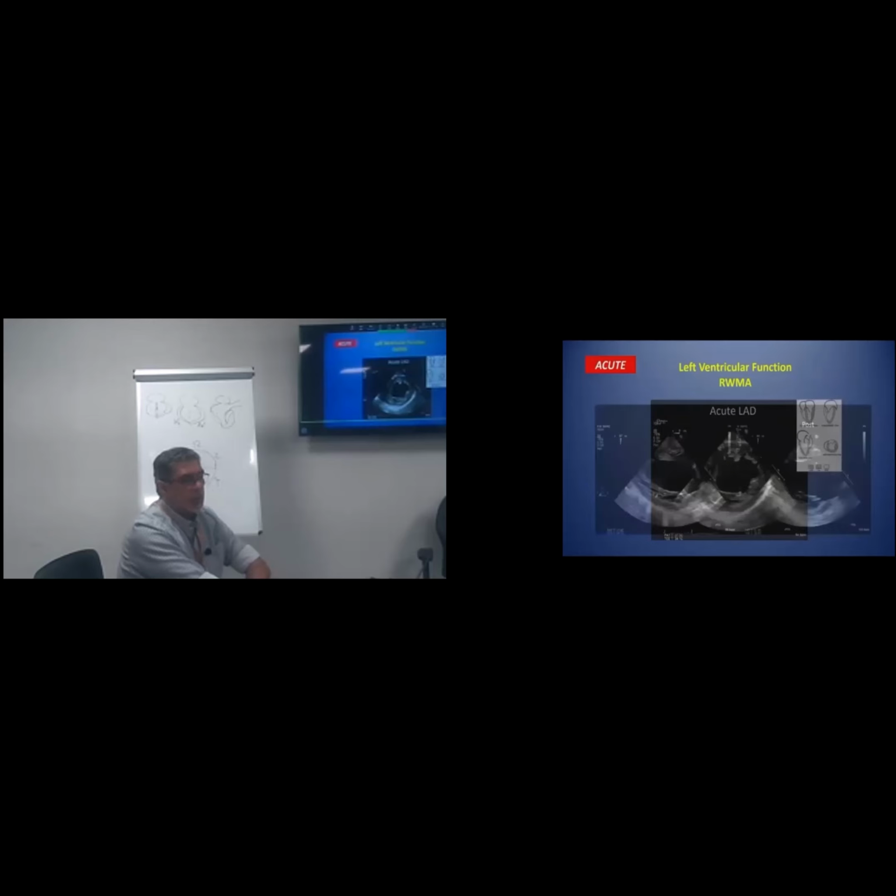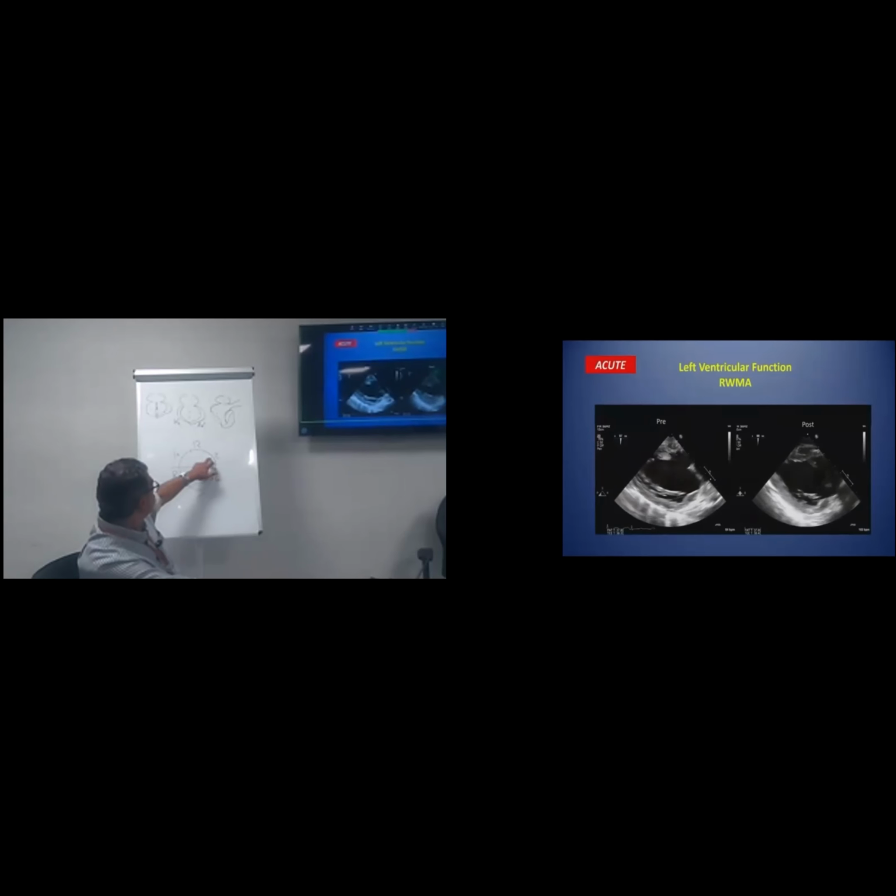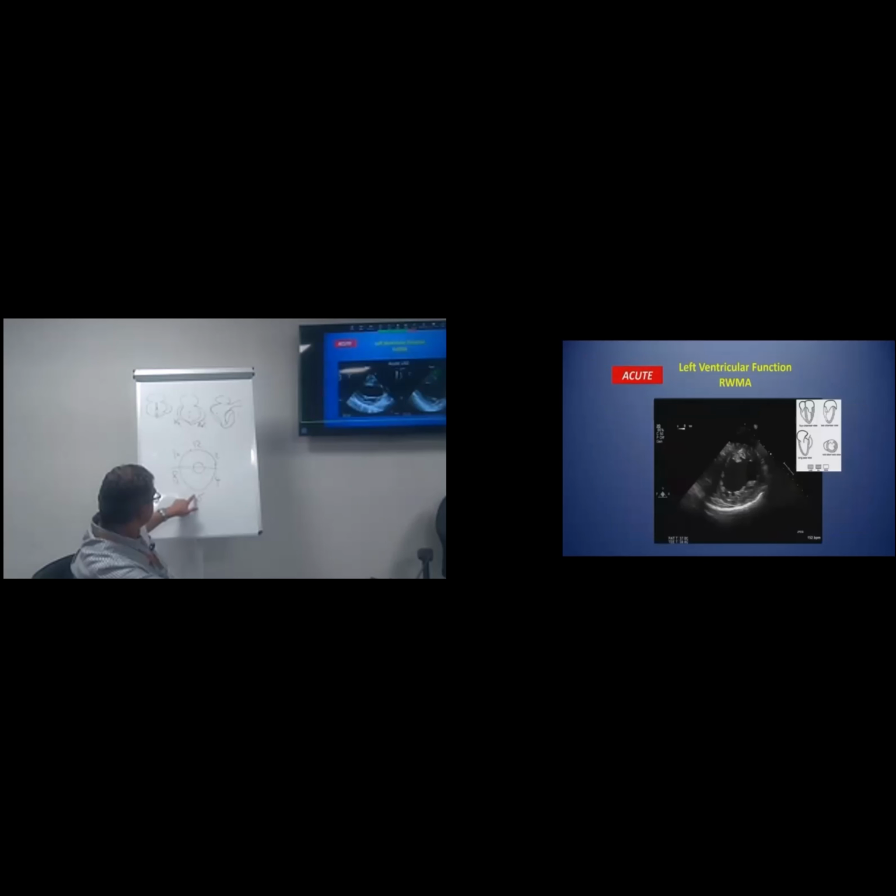We said we choose these four areas because they are mostly specific for a particular coronary artery. Area 12 o'clock is RCA. Area 2 o'clock is left circumflex. Area 6 and area 8 are specific for the LAD.